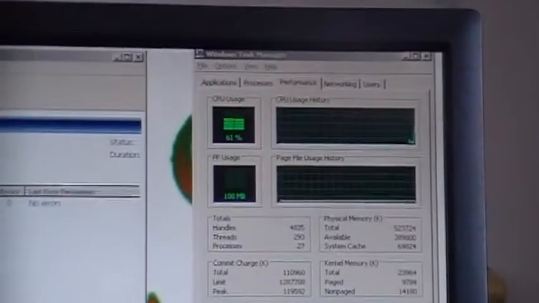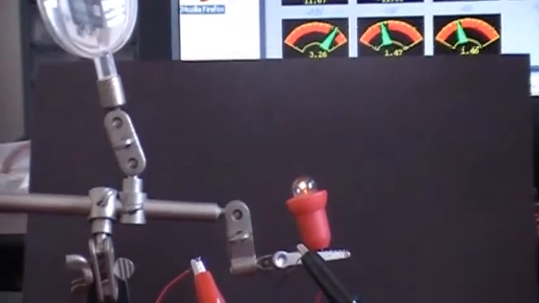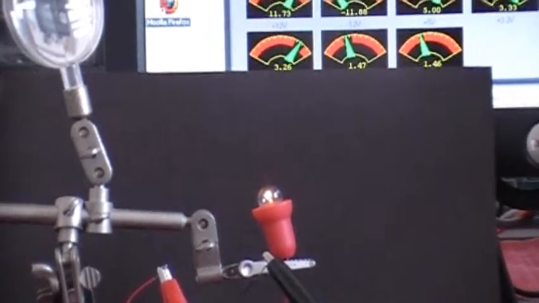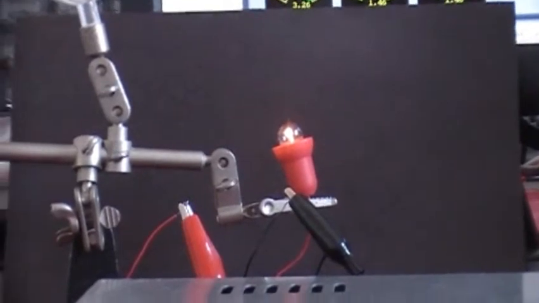Now we shall have our system conduct some work. Notice the energy being put to use and the lamp starting to glow.